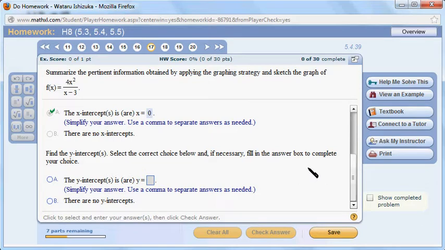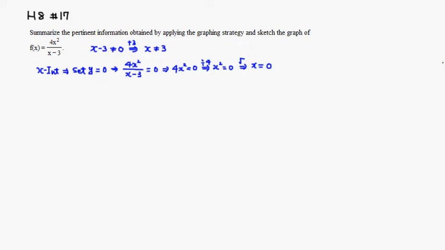The next question is the y-intercept. The y-intercept is actually quite simple. If you want the y-intercept, what you do is set x equal to 0, which means that we just plug in, so y equals f of 0.